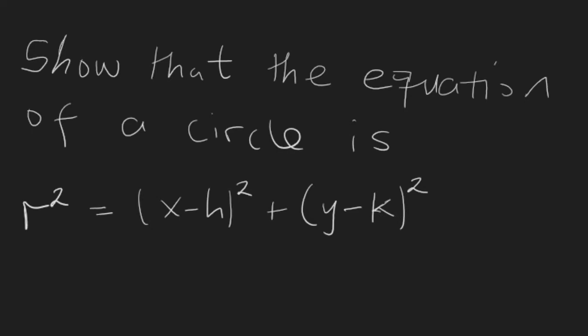By the end of this lesson, you'll be able to prove or show that the equation of a circle is this, where r is the radius, the x and y are any given point on the circle, and the h and k are the center.